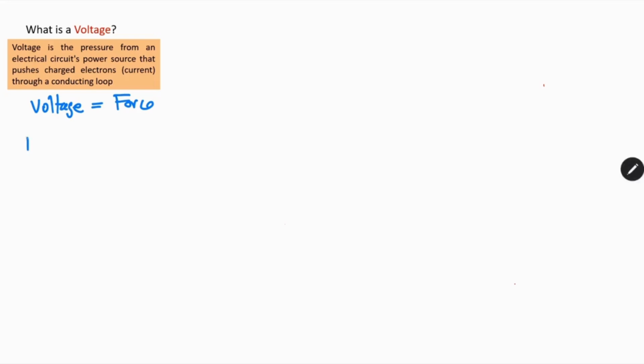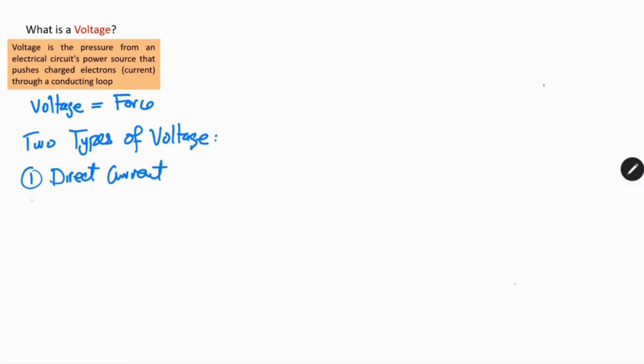So there are two types of voltage. The one can be the DC, or we call it the direct current, and the second one is the alternating current.